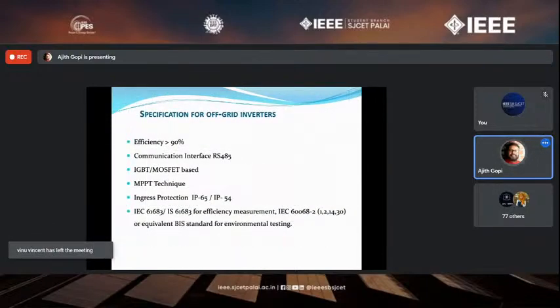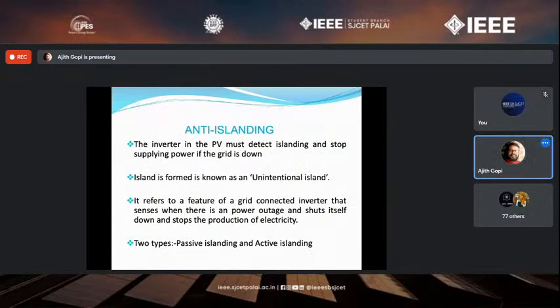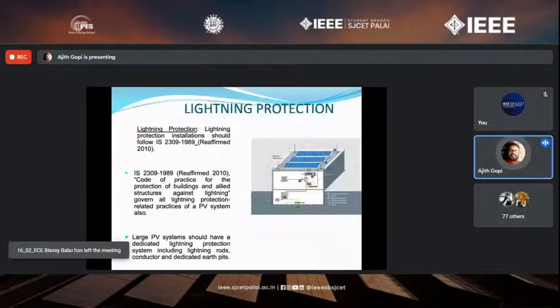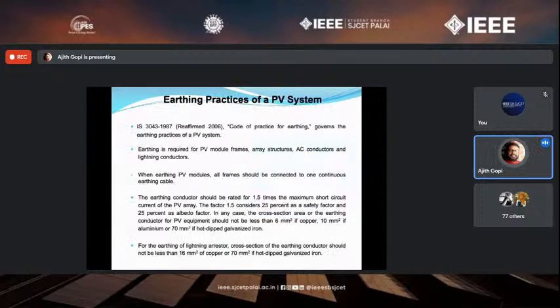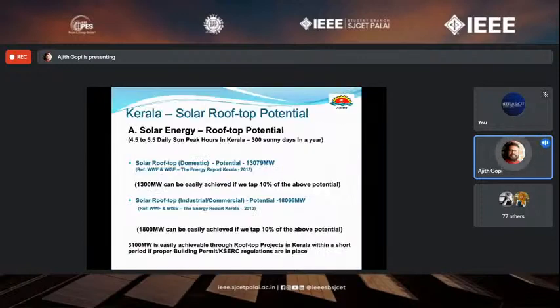With all this, I think I may wind up. I'm not going into more sessions because I took already more than an hour on lightning protection and earthing practices. So I'm just telling, it's easy for us to go for solar rooftop.